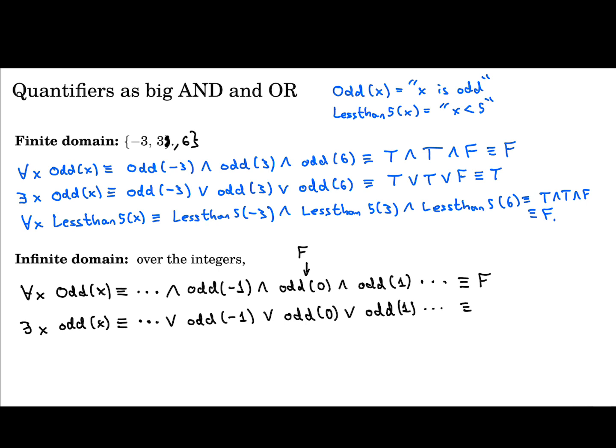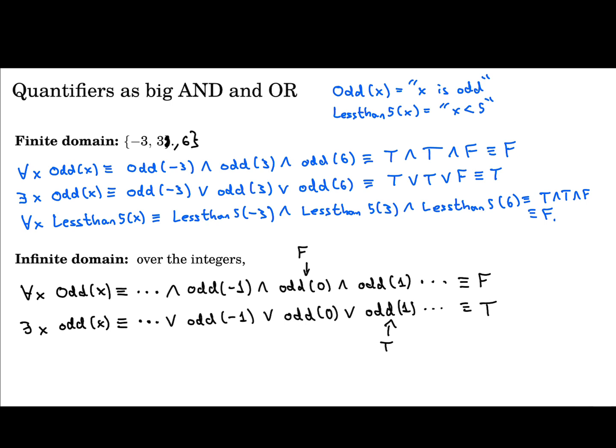And now it's the case that there exists at least one of them that is true. And we saw that when you do any amount of ors, and in this case even an infinite amount of ors, if at least one of them is true, then the whole thing will be true.